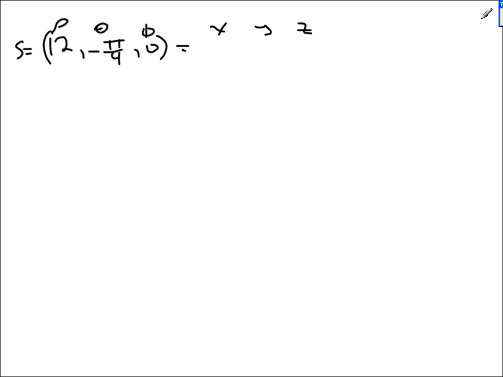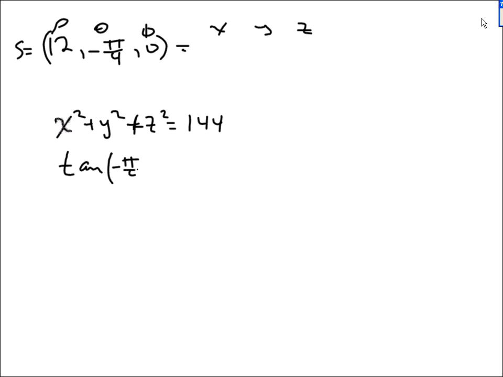Well, we know that x squared plus y squared plus z squared is equal to rho squared. Rho is 12. 12 squared is 144. Now, we know that the tangent of negative pi over 4 is negative 1. The tangent of the angle is y over x. That means y over x equals negative 1 over 1.